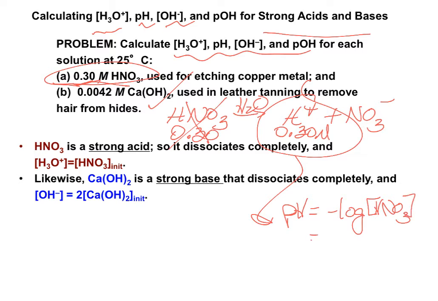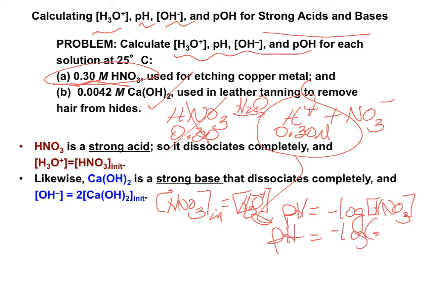And the reason we can do that is because the original concentration of nitric acid, a strong acid, equals the hydronium ion concentration because 100% of it converts. And so the pH in this case would just be minus log of 0.30. And so the pH of this solution of nitric acid is 0.523.